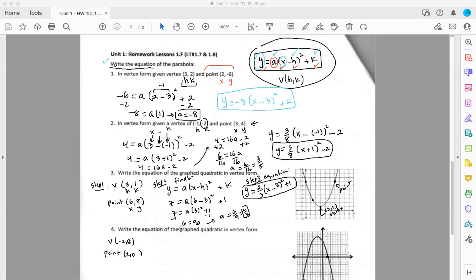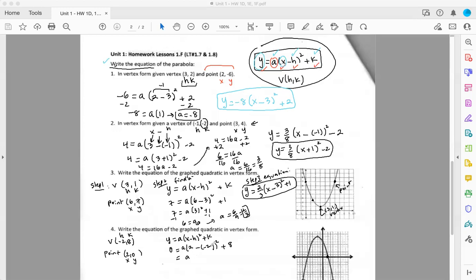We need to know what the a is first, right? So y equals, remember we're using this formula, a quantity x minus h squared plus k. This is x, this is y, and these are h and k for the vertex. So 0 equals a, we don't know what a is, 2 minus h, which is negative 2, squared, and then plus 8.